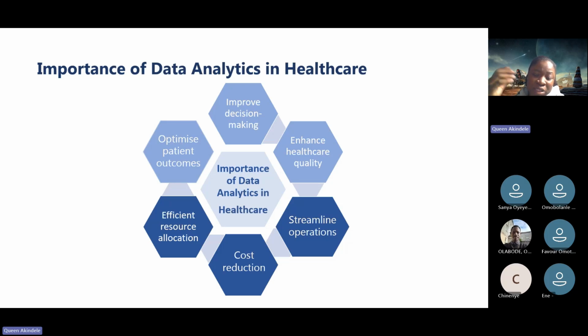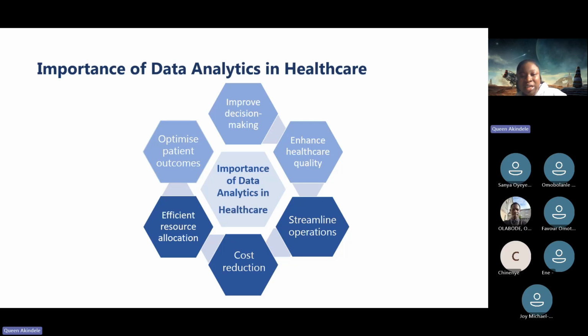So optimize patient outcomes, for instance. Now, we look at how it can be long before people can get GP appointments. So when we use data, we can tell what the wait time is before a person can get an appointment with a GP. And we can look at how we can improve it so that we reduce the wait times so that people don't wait for too long.